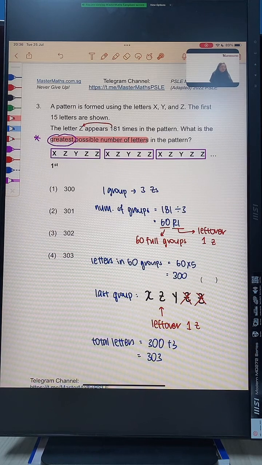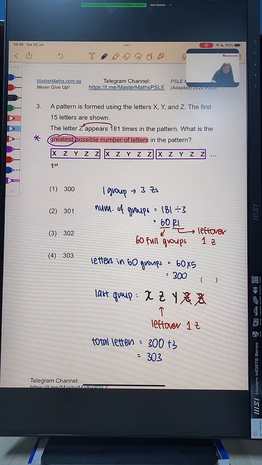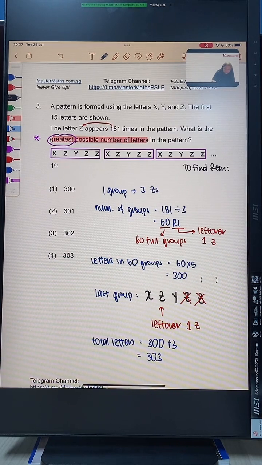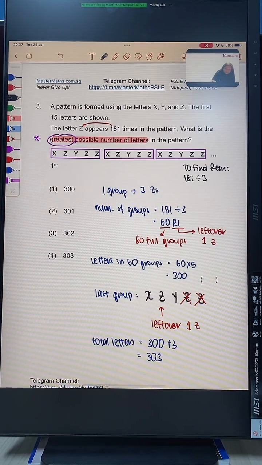Alright, for those of you who forgot how to find remainder, let me share with you how to find remainder. Okay, I'm going to write it at the corner here. To find remainder, what we need to do is take 181 divided by 3. 181 divided by 3 is going to give us 60, just the whole number portion.